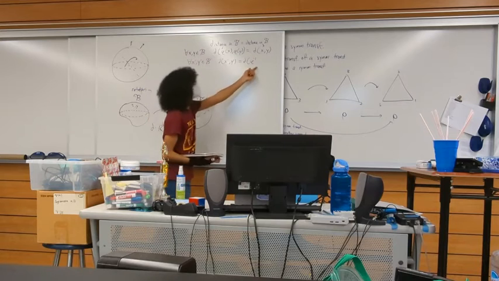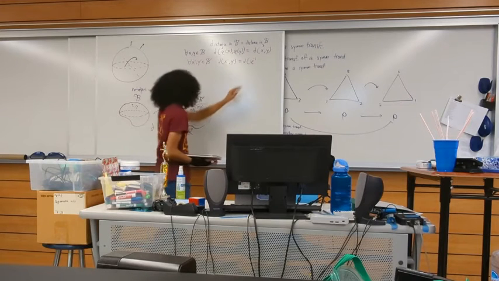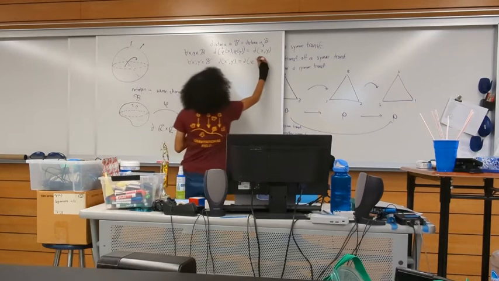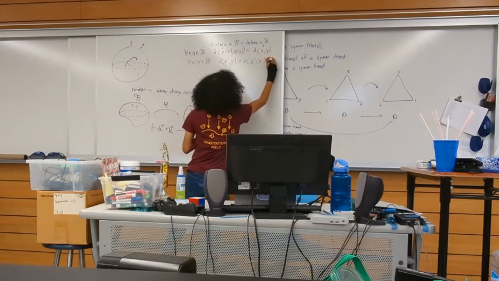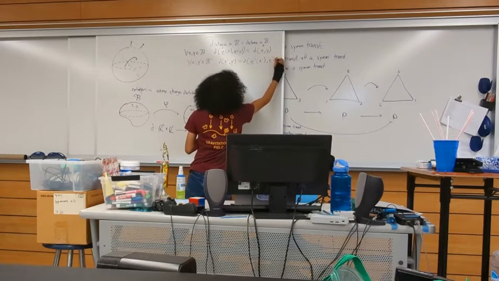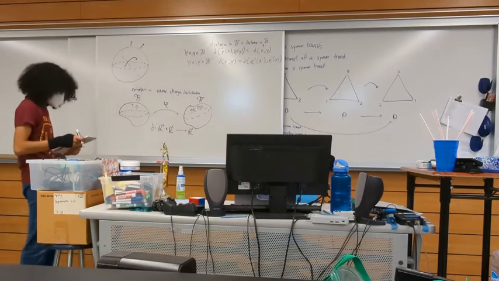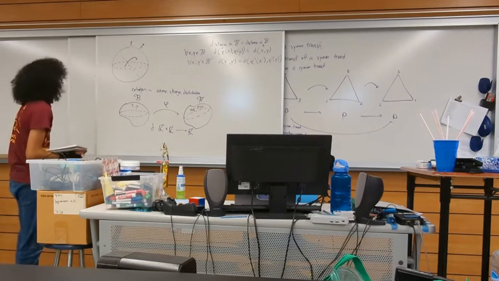I should have mentioned that before, but this is what we use to denote the inverse map. Phi inverse of x prime and phi inverse of y prime. Okay? All right.